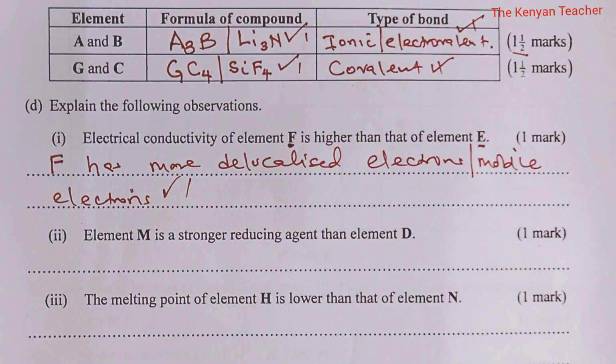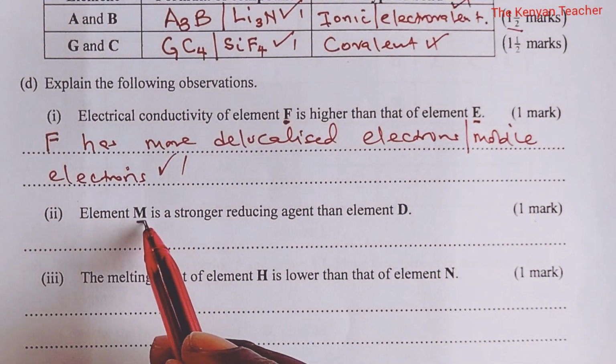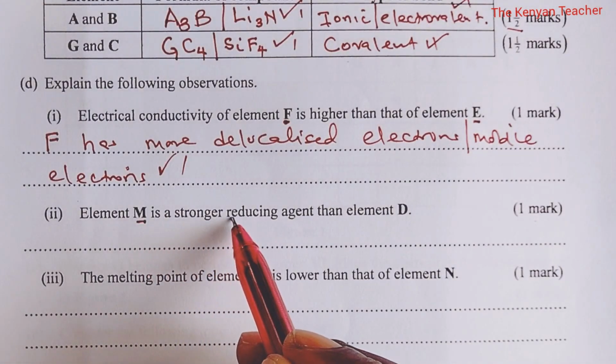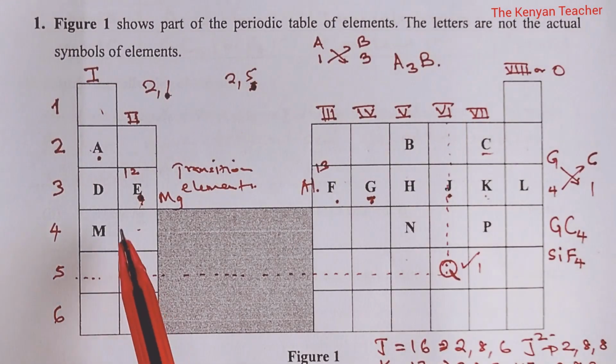So to Roman 2, we were told to explain why element M is a stronger reducing agent than D. So once again, we refer back to our grid and see where M and D are located. So M and D are right here.